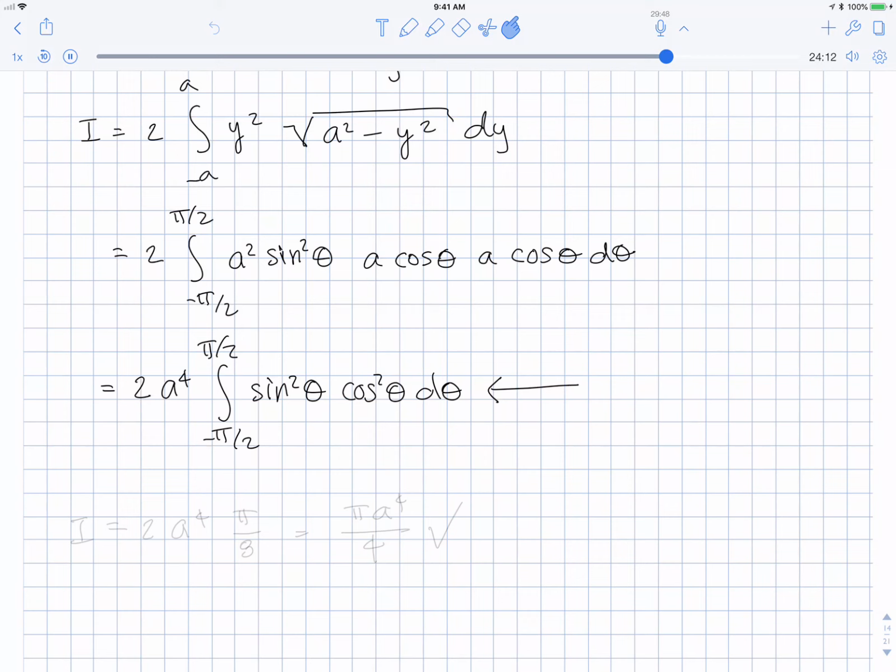And yes, you could get this integral for free on Wolfram Alpha, and it equals pi over 8. So 2 a to the fourth times pi over 8, which is pi a to the fourth over 4, which is the desired result.